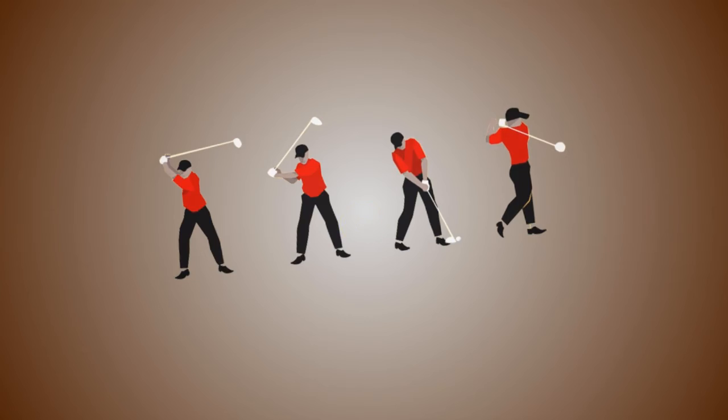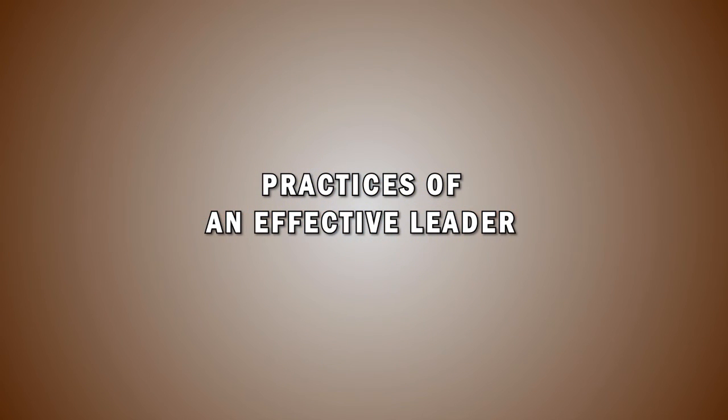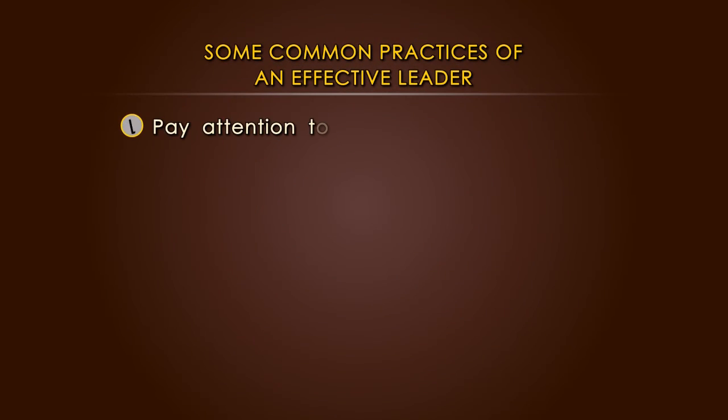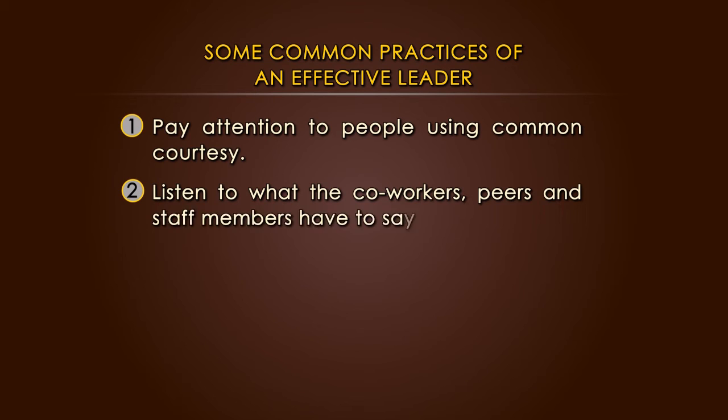After this, we have practices of an effective leader. Some common practices for a student to be an effective leader are as follows. Number 1, pay attention to people using common courtesy. Number 2, listen to what co-workers, peers, and staff members have to say.